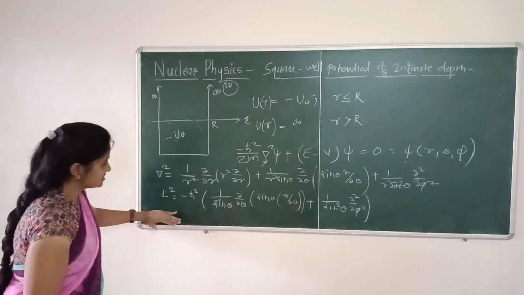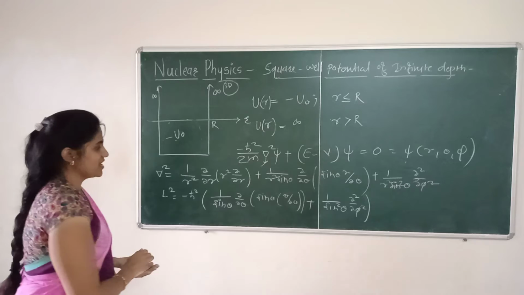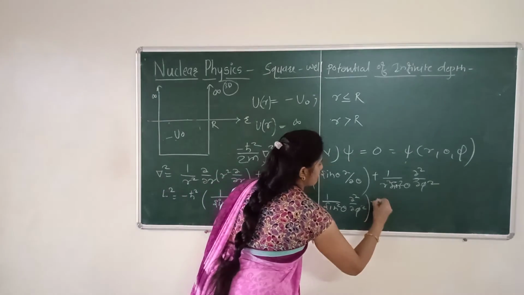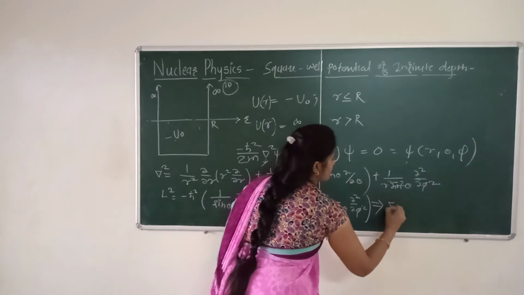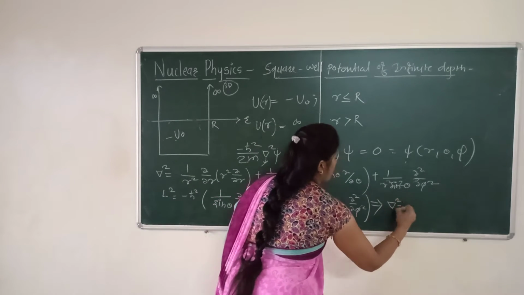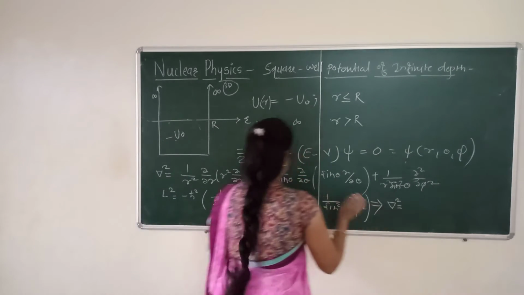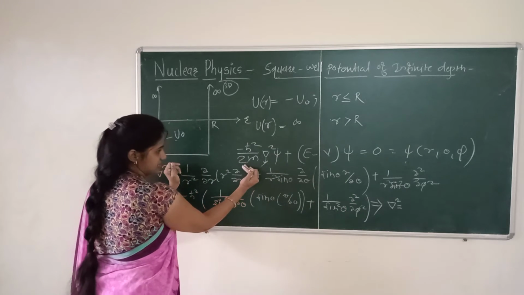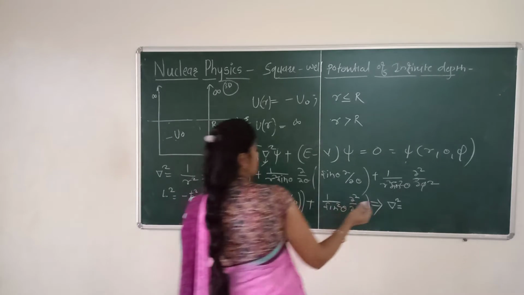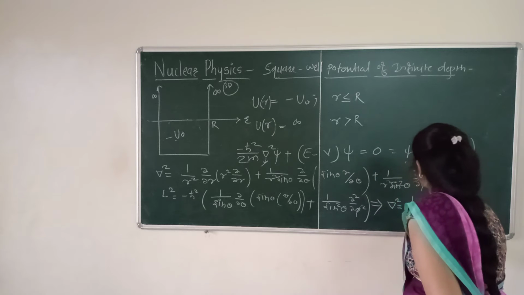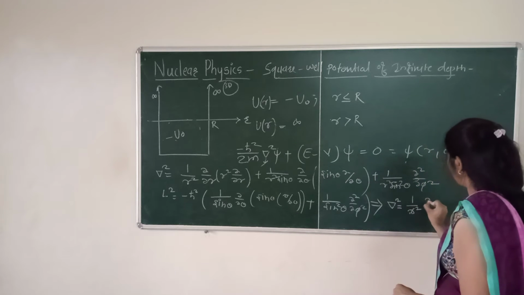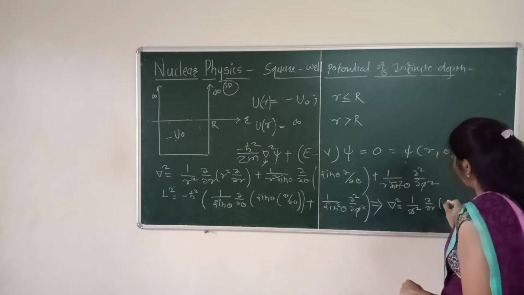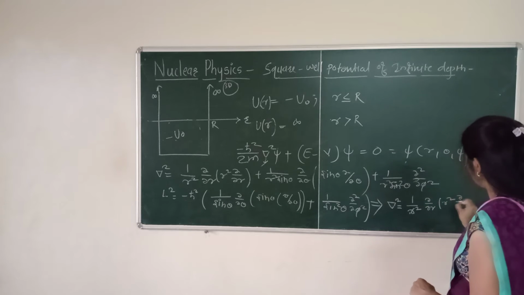Now if this is L square, then you can write del square as, see here this term is as it is. Okay, means 1 upon r square dou by dou r, r square dou by dou r.